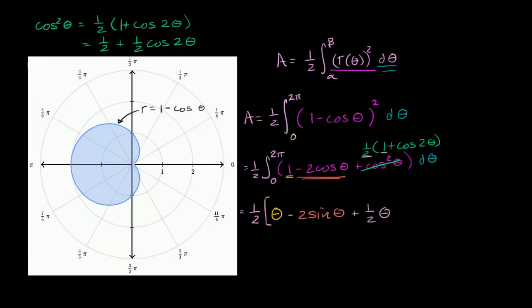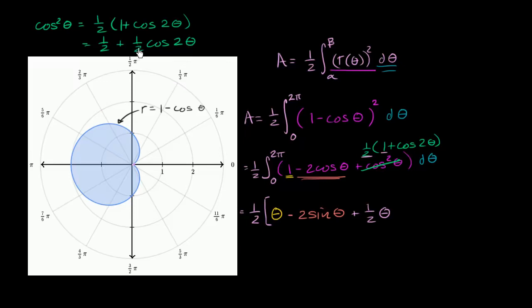And then the antiderivative of 1/2 cosine of 2 theta: the derivative of sine of 2 theta is 2 cosine of 2 theta. You could do u substitution if you like, but you might be able to do this in your head. The antiderivative of cosine of 2 theta is going to be 1/2 sine of 2 theta.